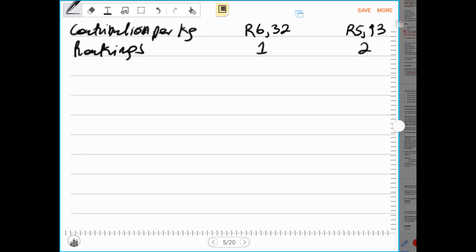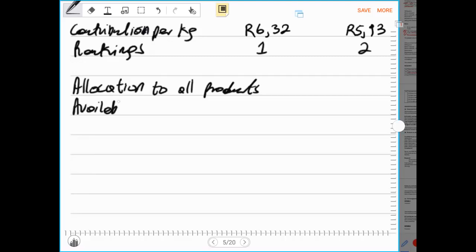Then after we have done the ranking, we do the allocation. Meaning we can allocate these limited resources to all products. Then we say available for both products.